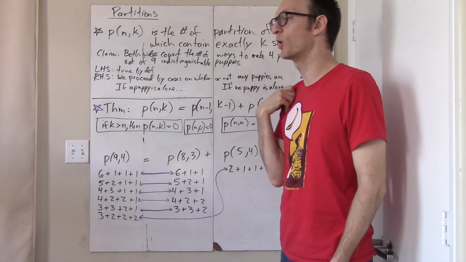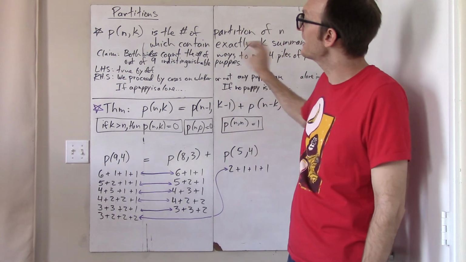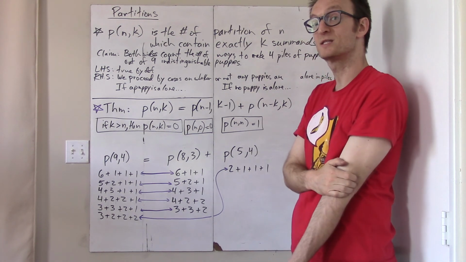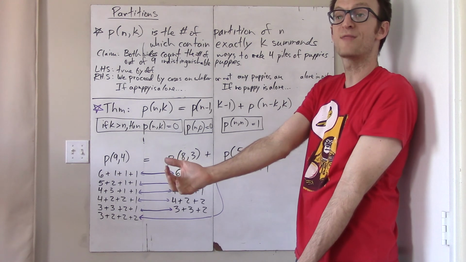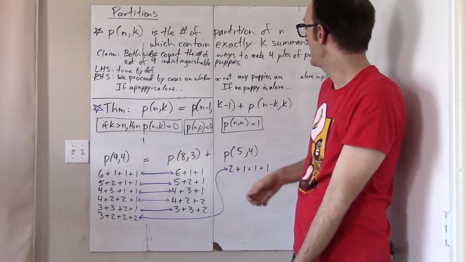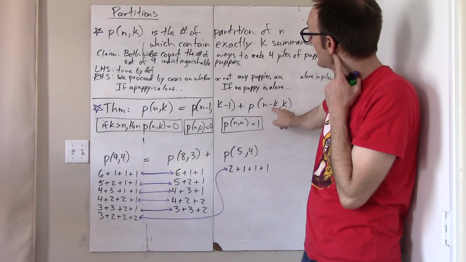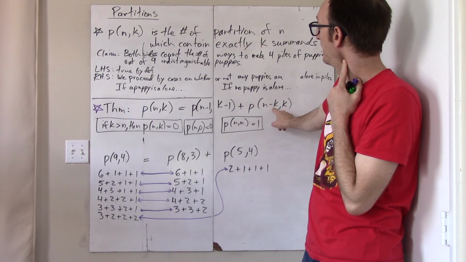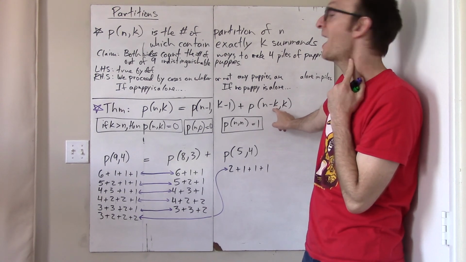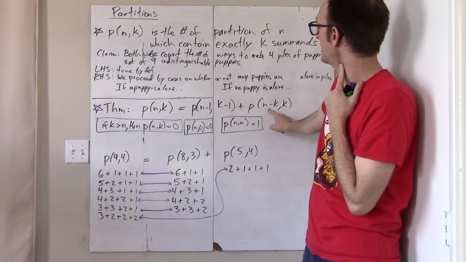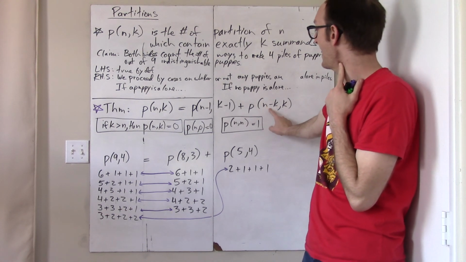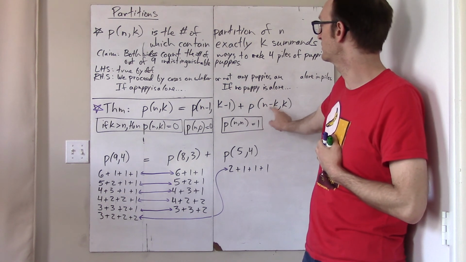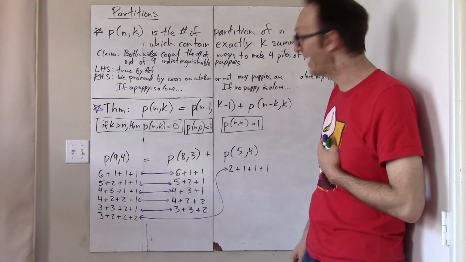Or rather, as I said before, place one puppy into every pile automatically. The number of ways to complete that partition in which no puppy is alone is just to distribute the n minus k remaining puppies, because you had n puppies and put one in each of the k piles. So there are P(n minus k, k) ways to distribute those remaining n minus k puppies into the k piles, by definition.